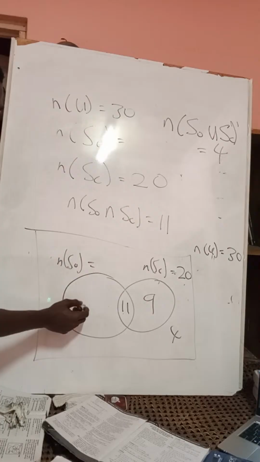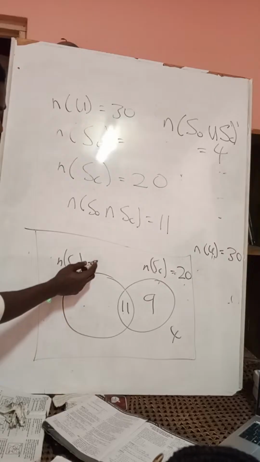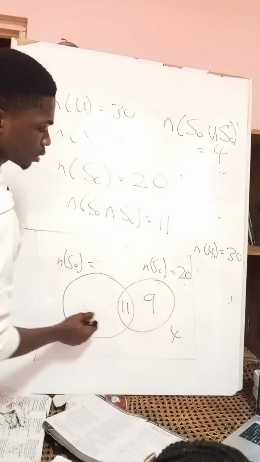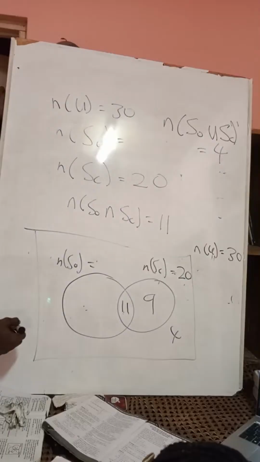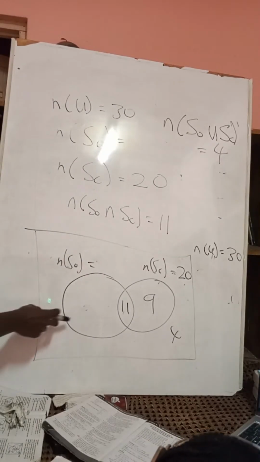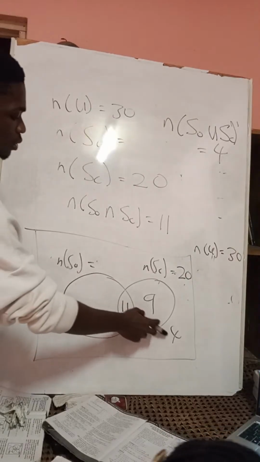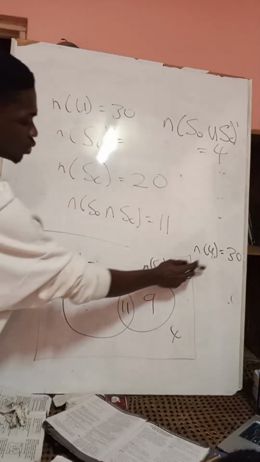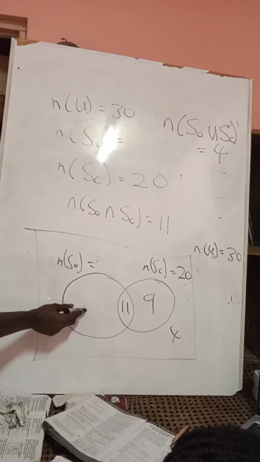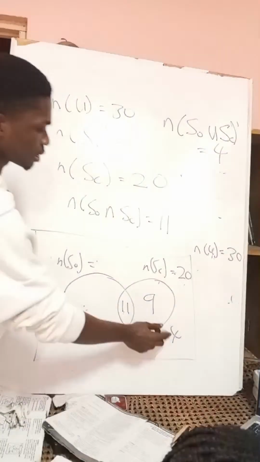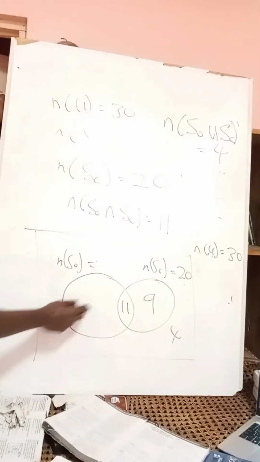You don't know here, right? So this is what you can do to find it. By adding the regions and equating them to the union. Region 1 plus region 2 plus region 3 plus region 4 should give us the union, which is 30.